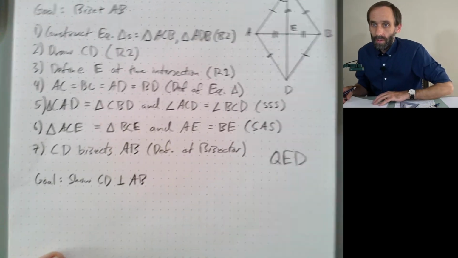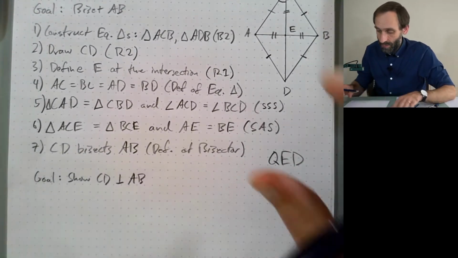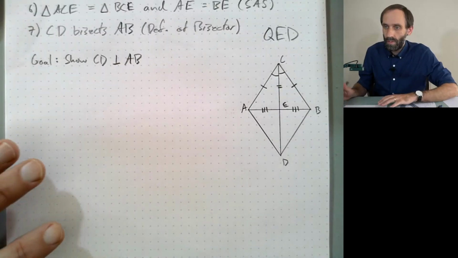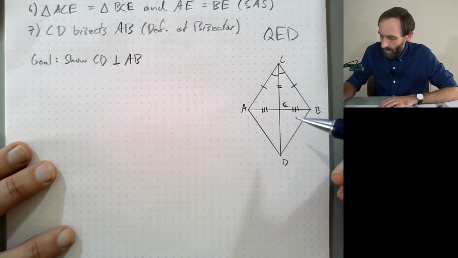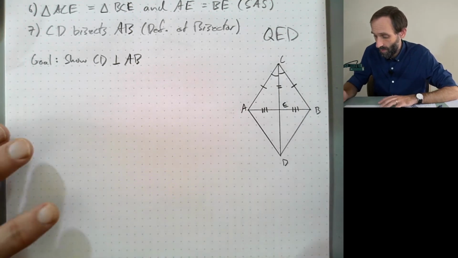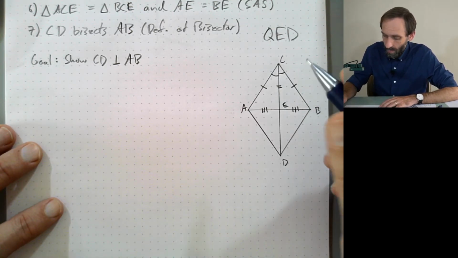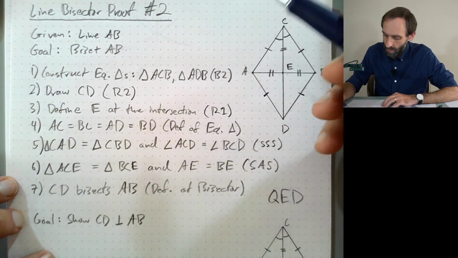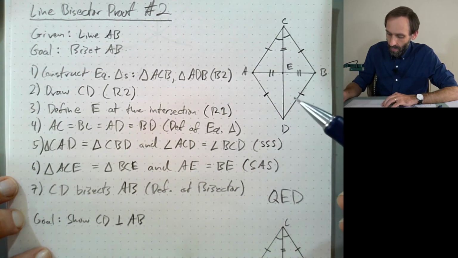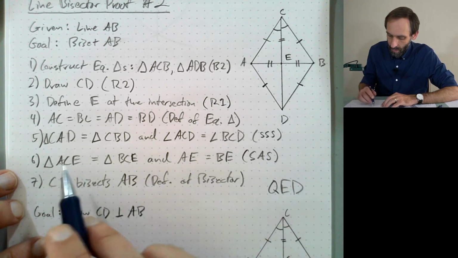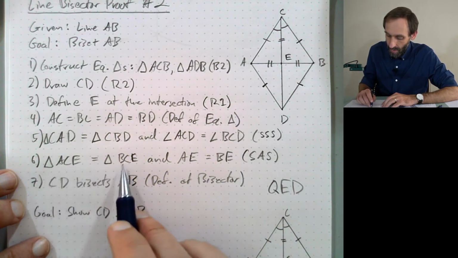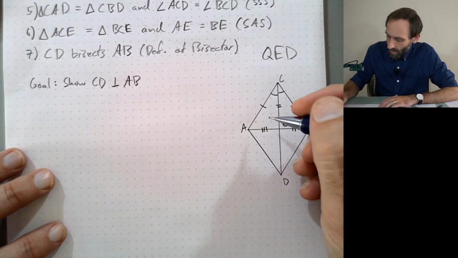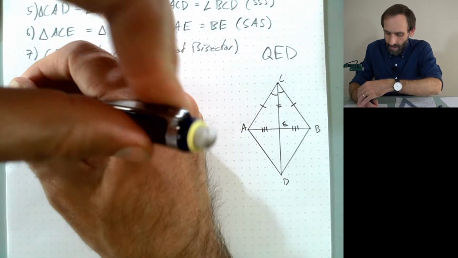Hang on, I'm going to pause the video and redraw this diagram so that I don't have to keep going up and down. Okay, so let's finish up this proof. From the proof for the line bisector, you'll recall that we already showed that the triangle ACE is equal to the triangle BCE. So let's start out by repeating that statement right there.